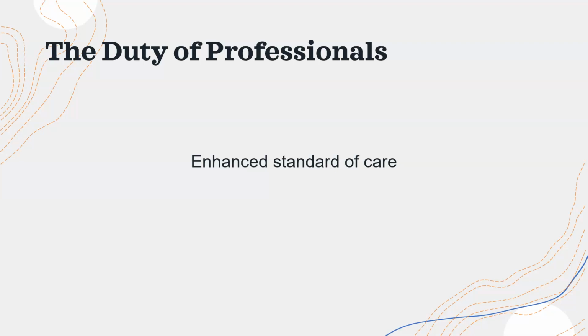Now, when a professional is involved, there's an enhanced standard of care. When the negligence allegations are made against professionals, the standard is that of what a reasonable professional in that setting would have owed in terms of a duty. And that negligence of professionals is called malpractice.